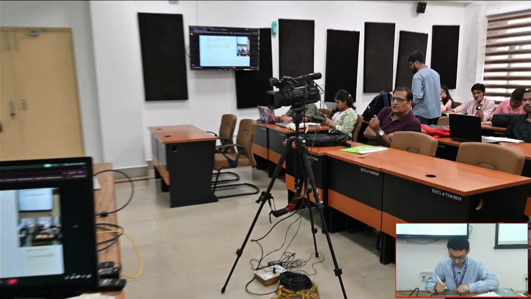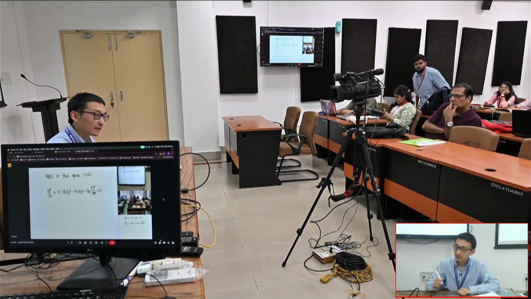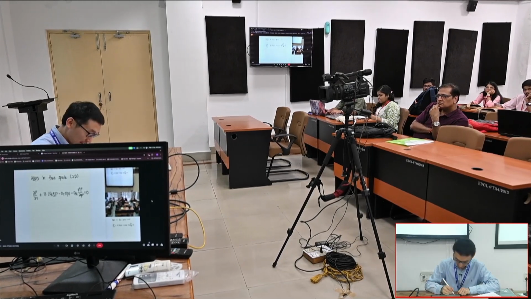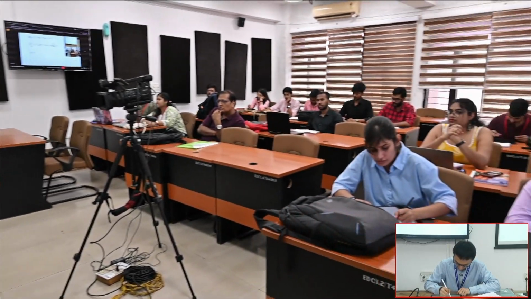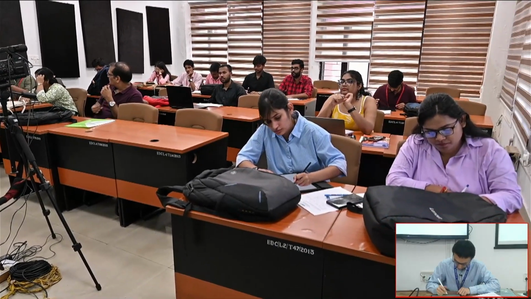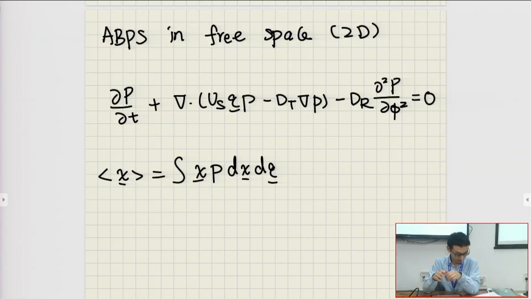So the mean displacement would be the average position, averaged against the distribution. So if we say this is the mean displacement, that should be the integral of x against the probability, integrated over space and orientations.